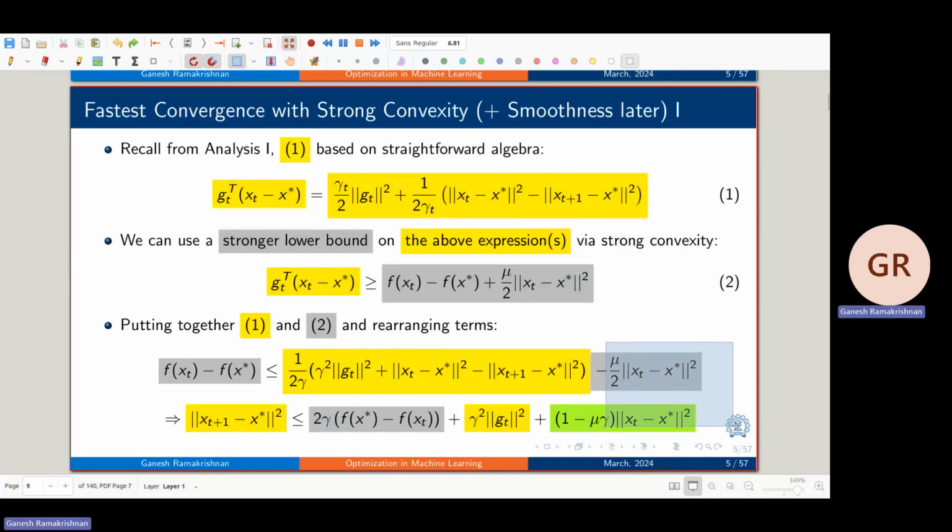We've got this because there's a mu by 2 norm x_t minus x star squared here, and there is an x_t minus x star squared that came from the yellow, the algebraic term, and one that came from the strong convexity inequality. That is important. We just put them together into this slightly differently colored term, 1 minus mu gamma times norm x_t minus x star squared. That's the only change that has happened. So this term has now caught our attention.